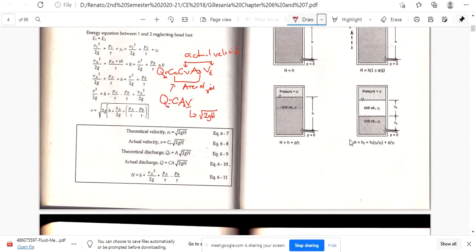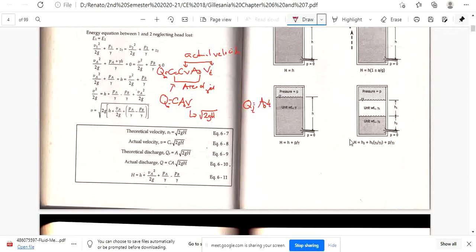So what you get is the actual Q. Okay? Without the C, Q is equal to AV, right? That is theoretical. This means this is the theoretical velocity and this is the area of the opening or the orifice.